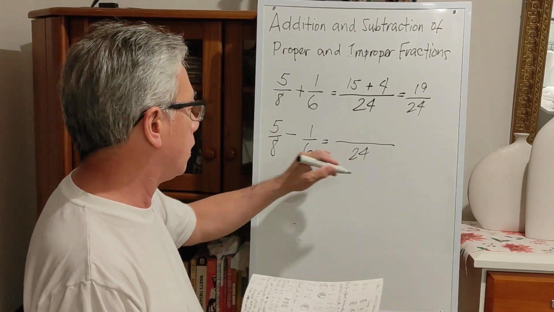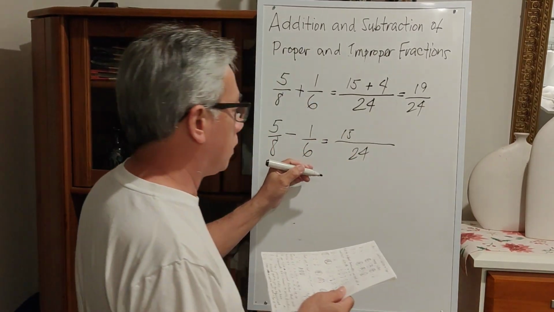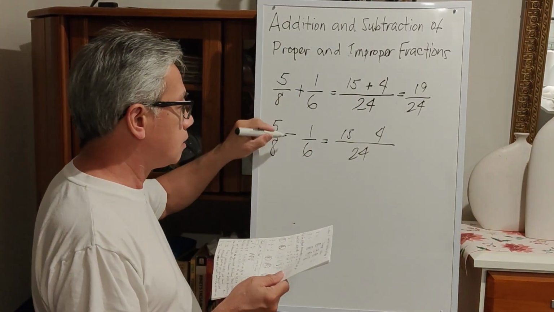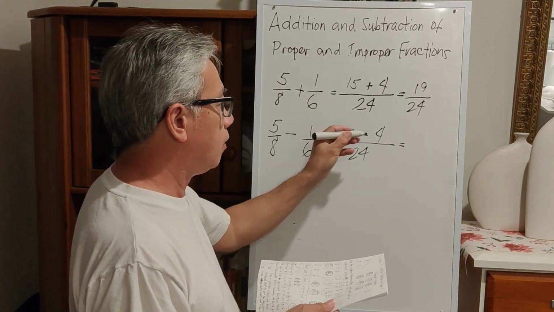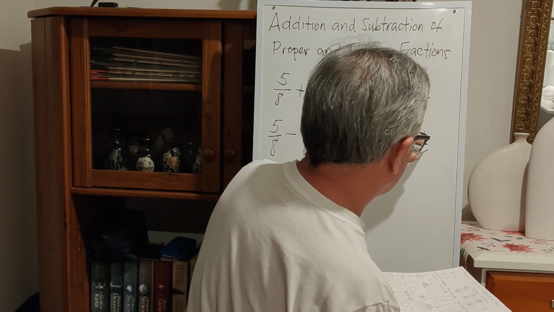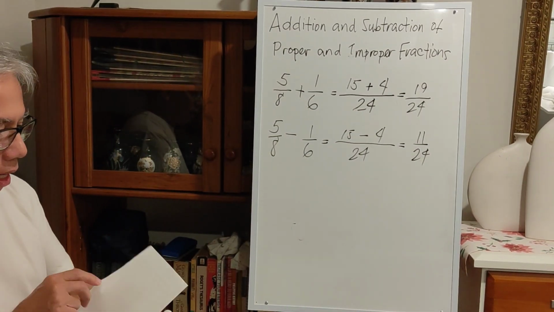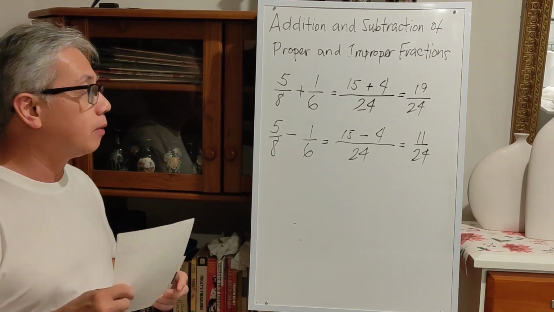So 24 divided by 8 is 3, times 5 is 15. 24 divided by 6 is 4, times 1 is 4. But in this case, it is subtraction. Now 15 minus 4 is 11, and then we just copy the denominator. So that is how we add and subtract proper and improper fractions.